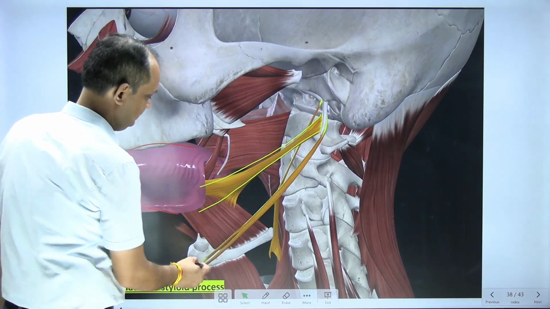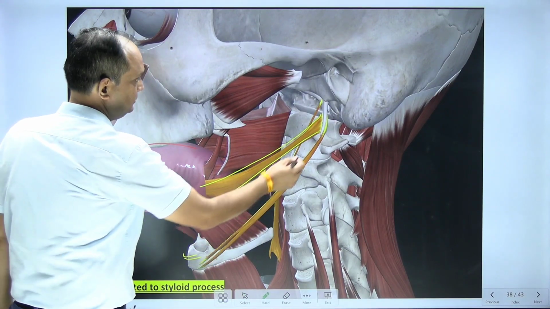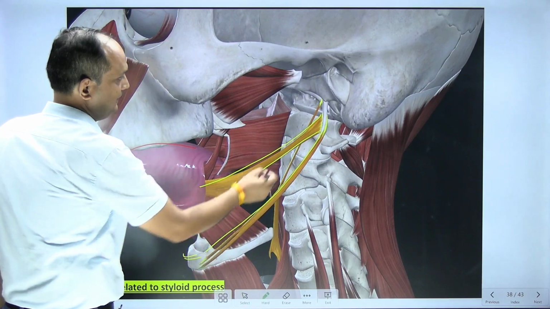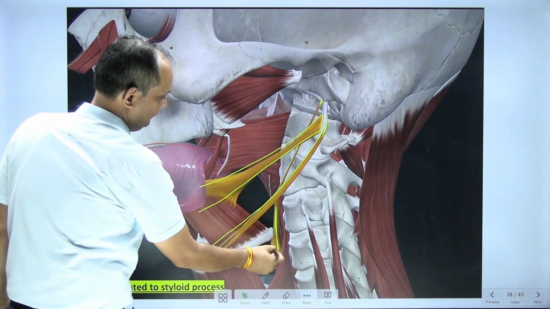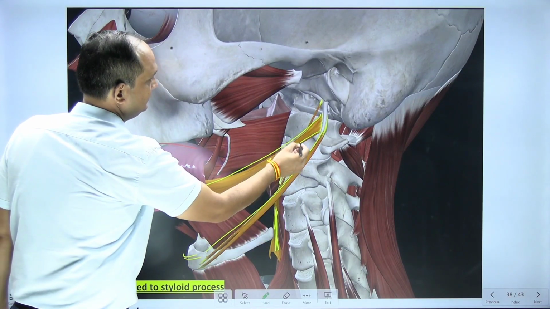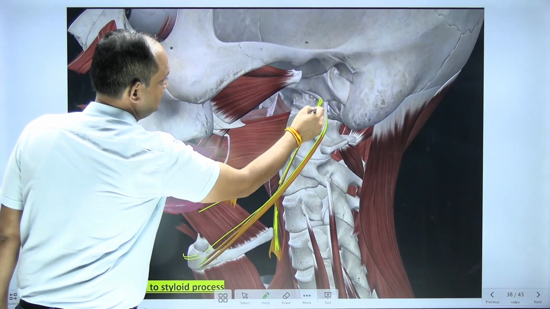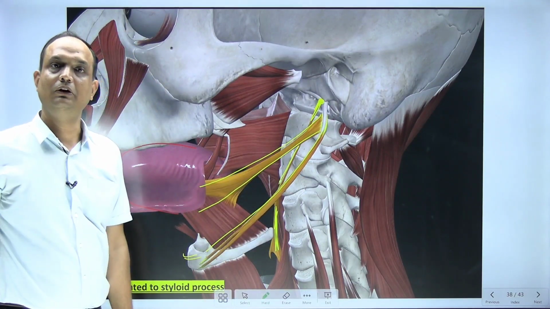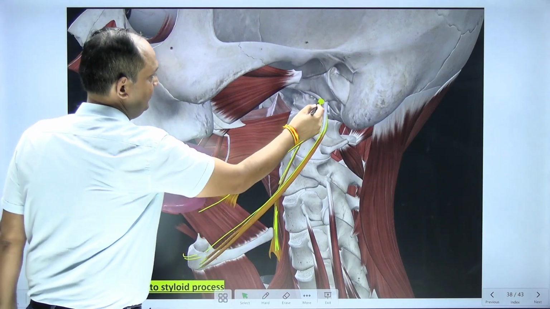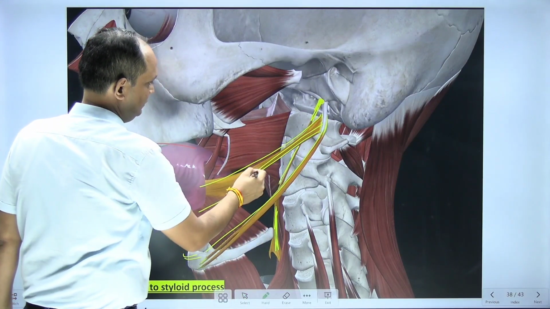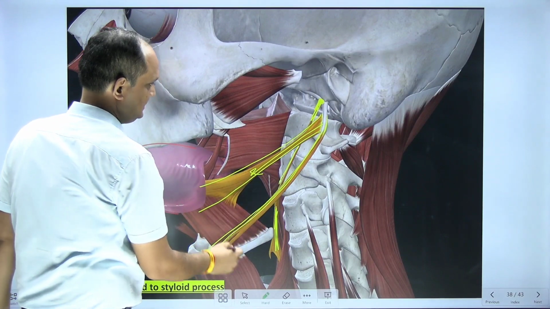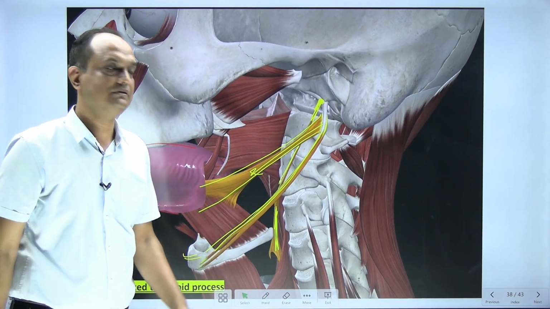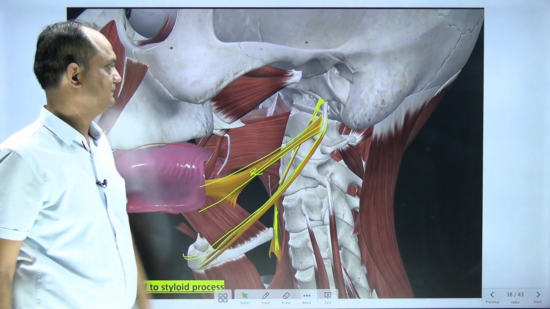Then you will have a muscle going to the hyoid bone, known as the stylohyoid, and this is the muscle which is going into the pharynx, known as the stylopharyngeus. The stylopharyngeus has the highest origin from the styloid process. So this is the stylopharyngeus, then you will have the styloglossus, and then the stylohyoid. These are the three muscles coming from the styloid process.